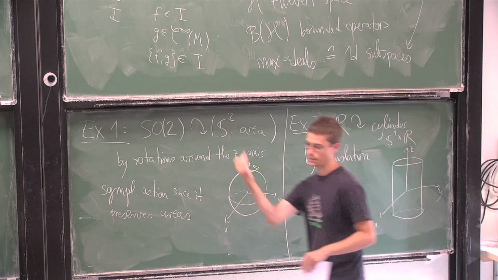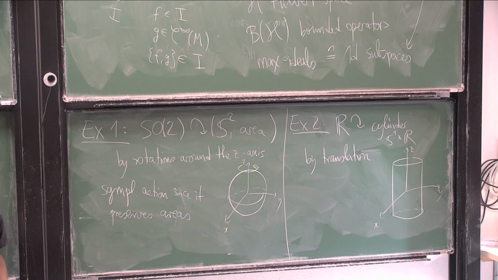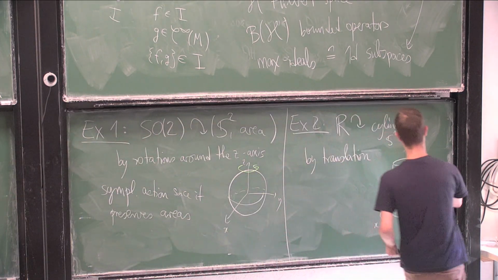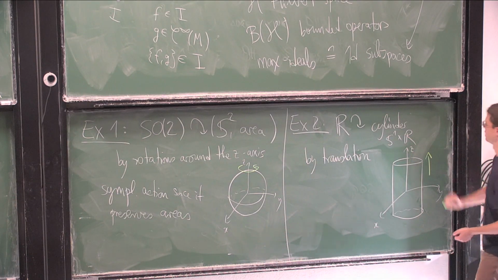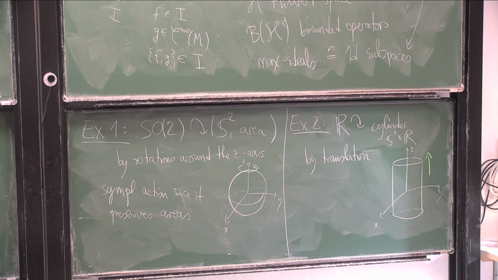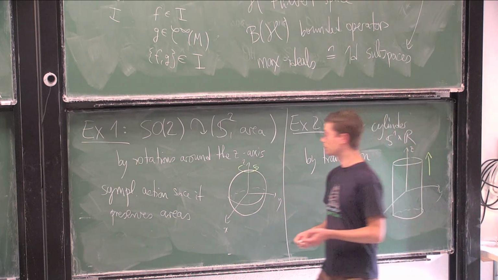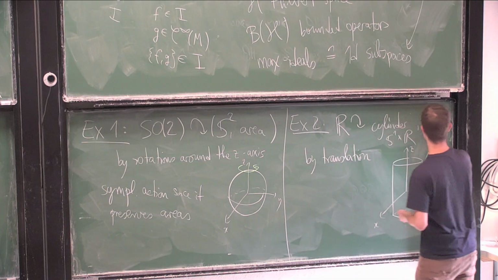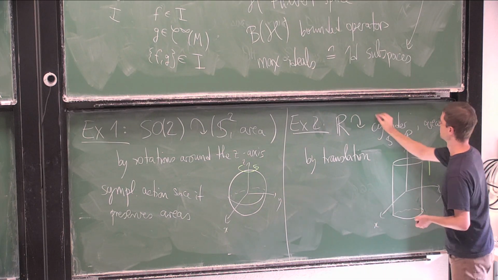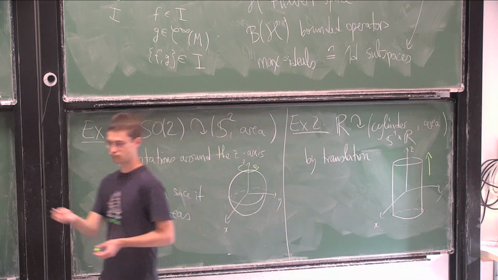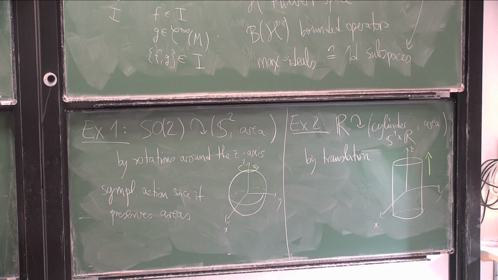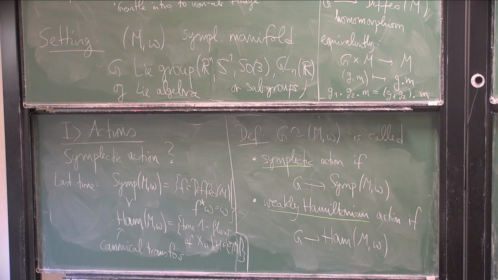And the action is by translation along the axis, again the z-axis. Same question, is it symplectic? So again, cylinder with area form. Same argument, right? Just shifting a cylinder is area preserving. Symplectic, no problem.